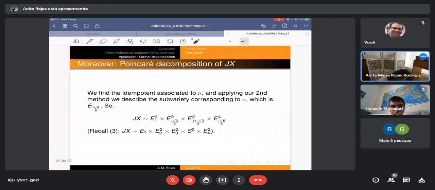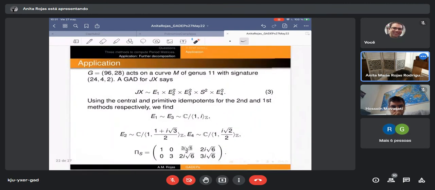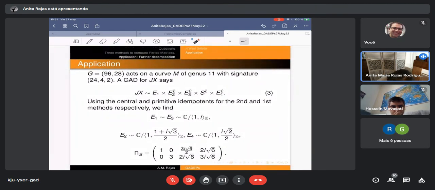Just to end, from this point we could, and we did, recover the period matrix of that Jacobian variety, but I didn't put it here because it has, beautiful or ugly depending on the point of view, hard coefficients. It is in terms of the 20th root of unity and so on. I can show you if you want to see it, but it is not that beautiful.